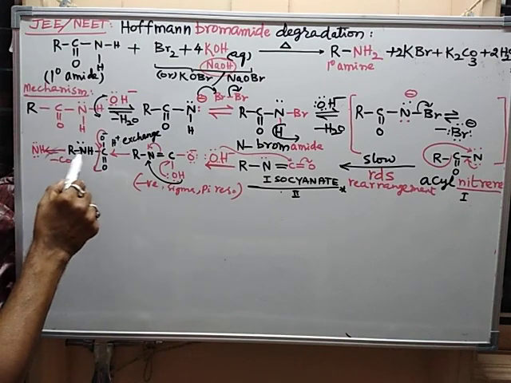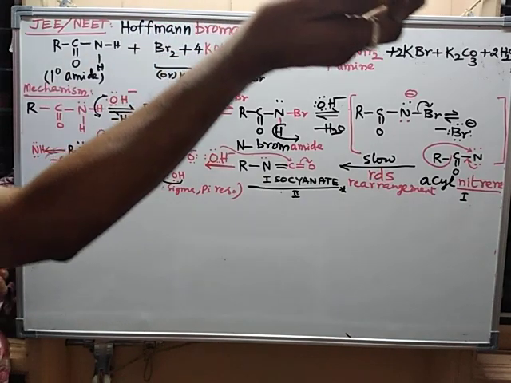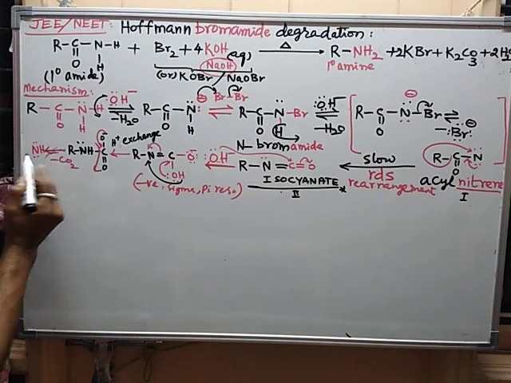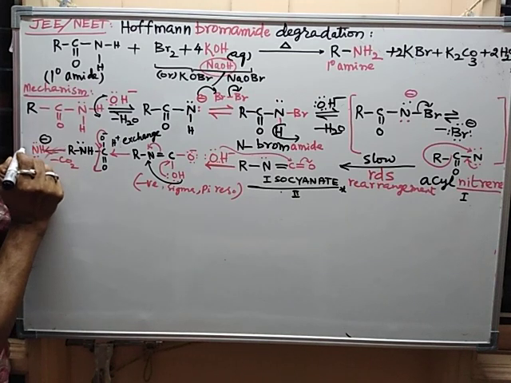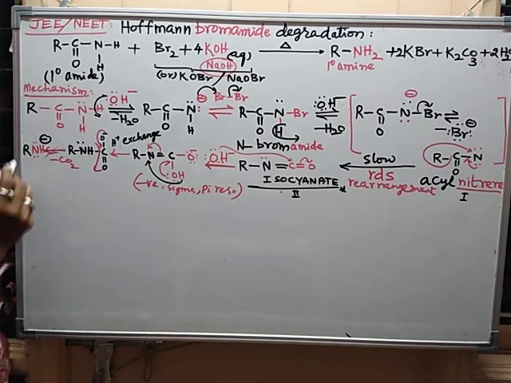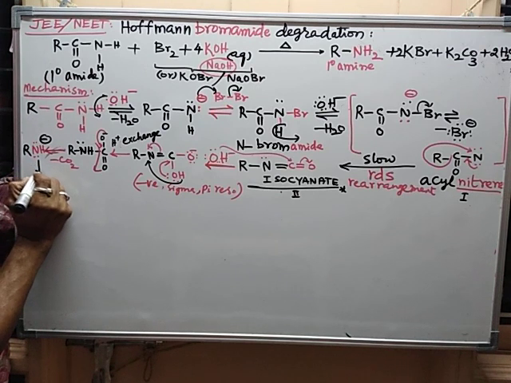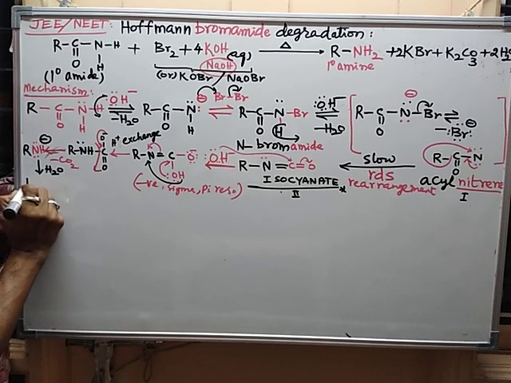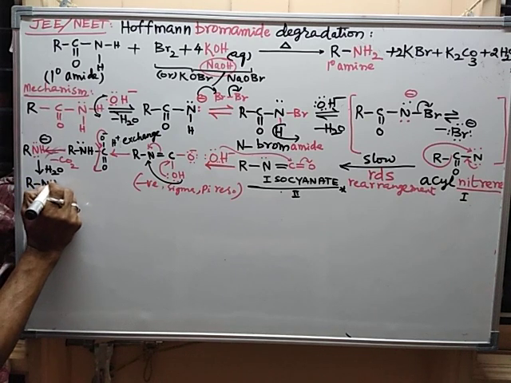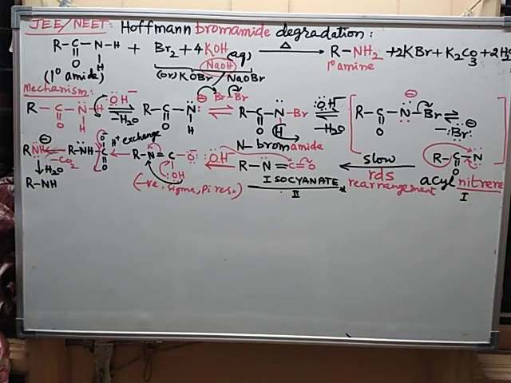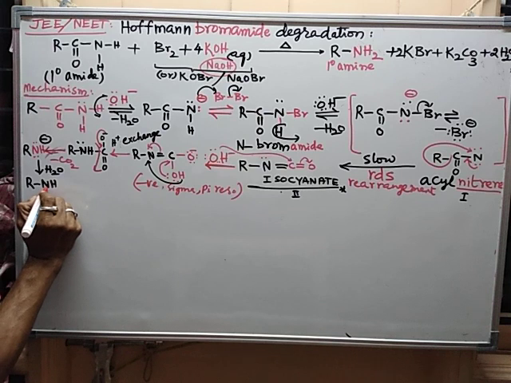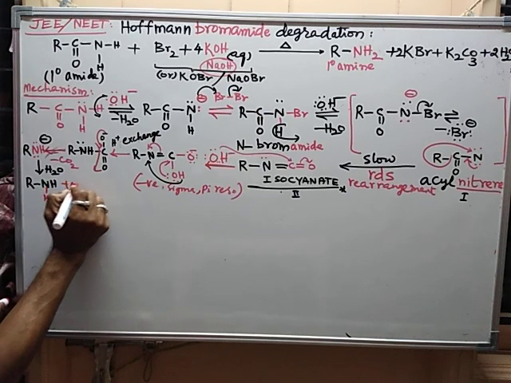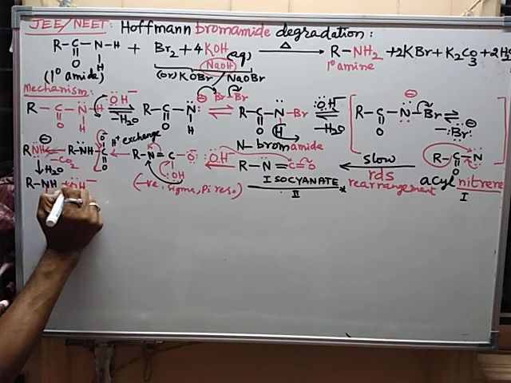CO2 is expelled without bonding electrons, and these bonding electrons on the nitrogen atom give it a negative charge, R-NH minus. Now it is treated with a water molecule to get R-NH2, and from this water molecule another H is obtained plus OH minus.